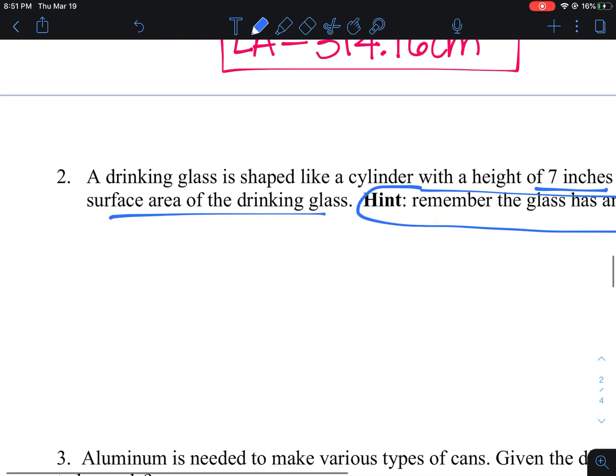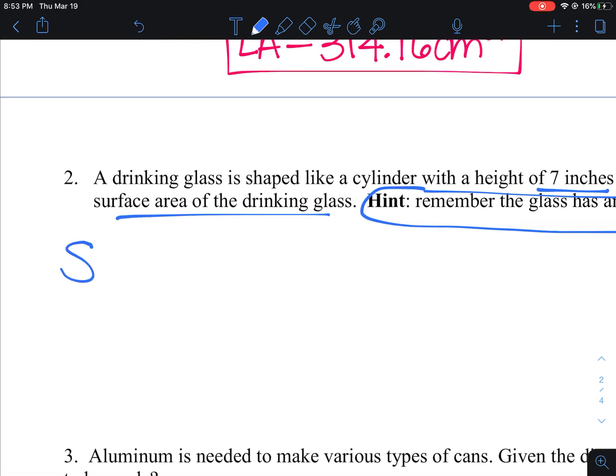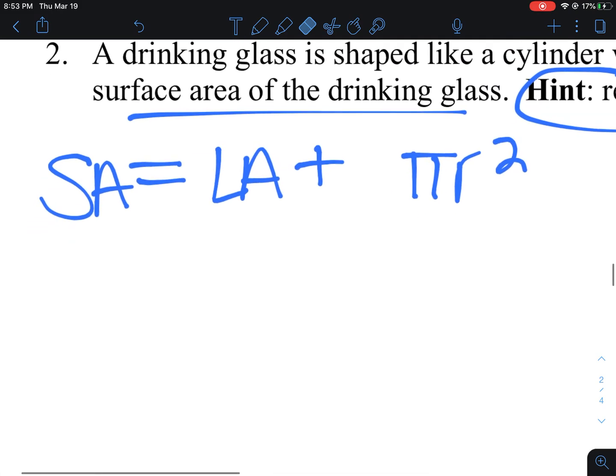So if you think about it, normally our surface area is the lateral area, which is the sides, plus 2 pi r squared. But this time, there's only the bottom of the glass. There's not the top. There's not 2 circles. There's only 1. So we actually don't need that 2 right there, right? There's only 1 circle at the bottom.